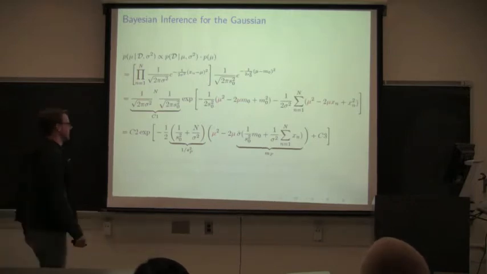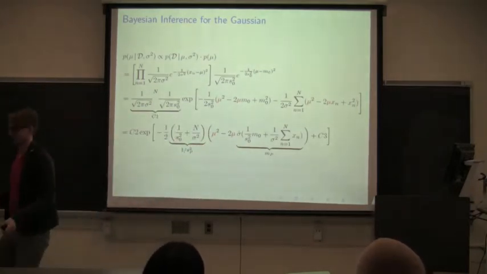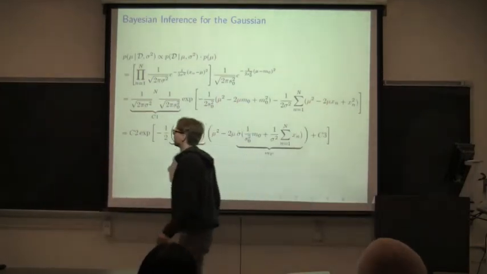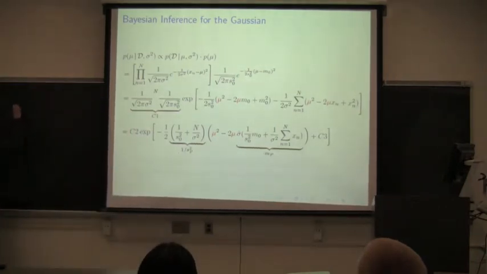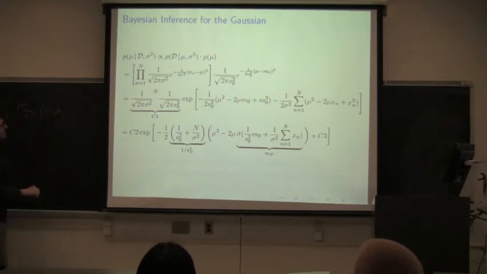And we know that if you take the Gaussian, we have e to the minus 1 over 2 sigma squared, x minus mu, where mu is now a little bit this mu, so let's write it like this: mu minus the mean of mu, squared.